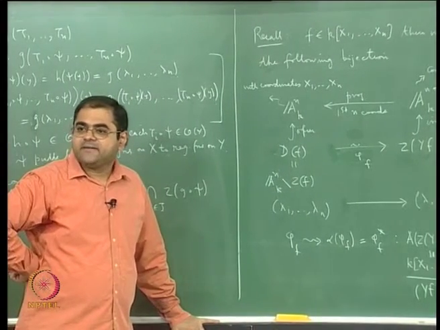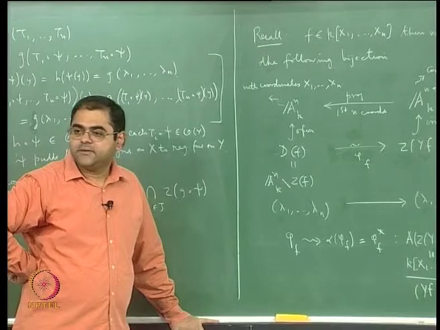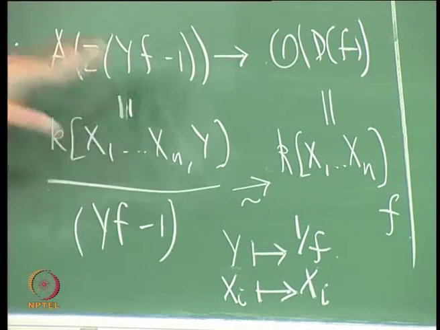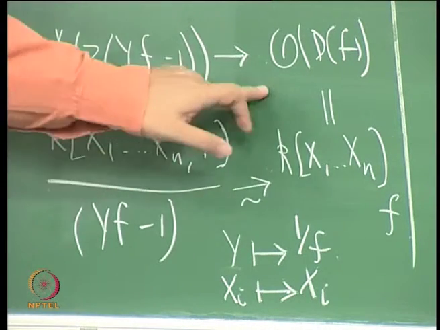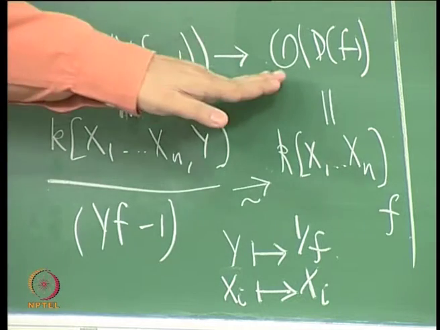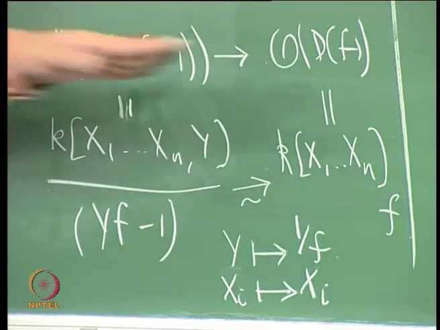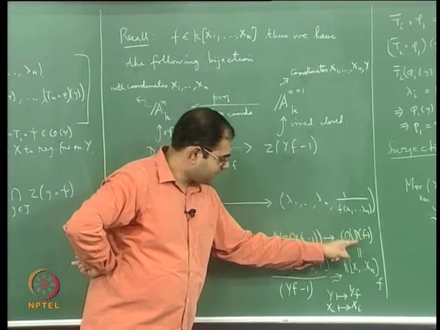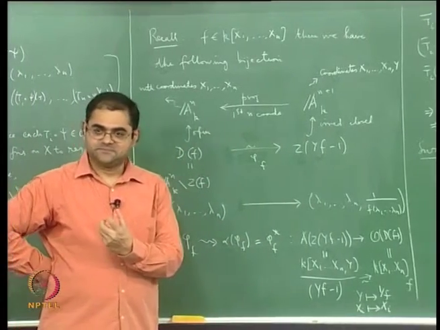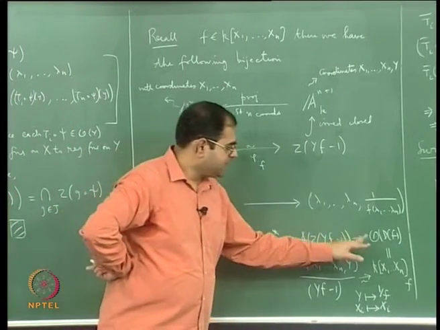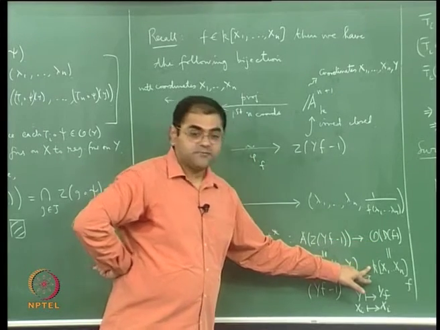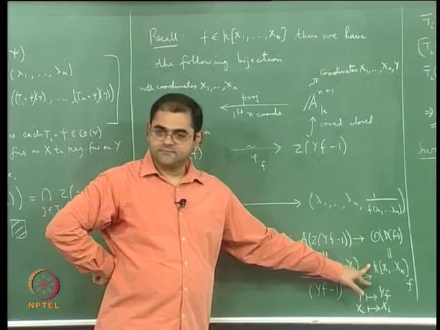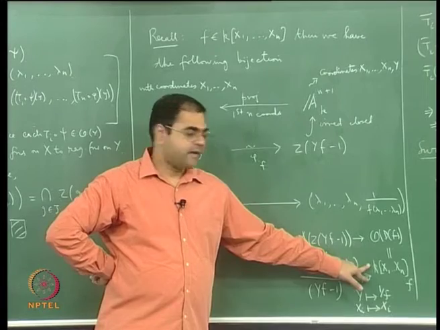Okay, and now, if you have an isomorphism, this tells you that it is correct to think of Df as an affine variety, and to call this A of Df, which is what we started with. We defined A of Df like this.